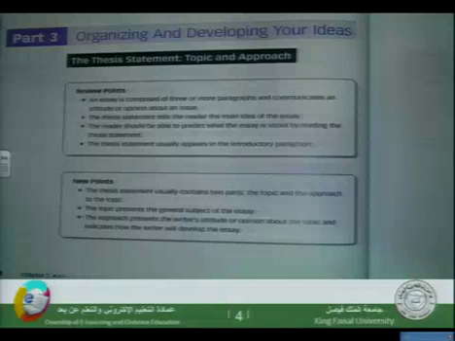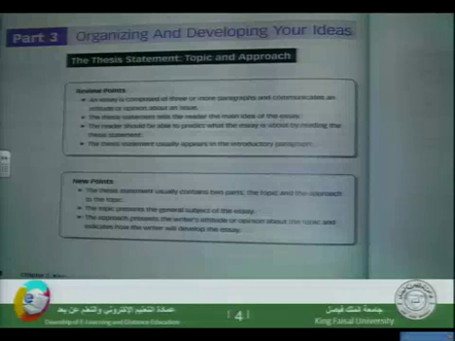Just consider this lecture as explaining the importance of a thesis statement and the importance of supporting ideas in your paragraph or essay, your composition or essay. Right.